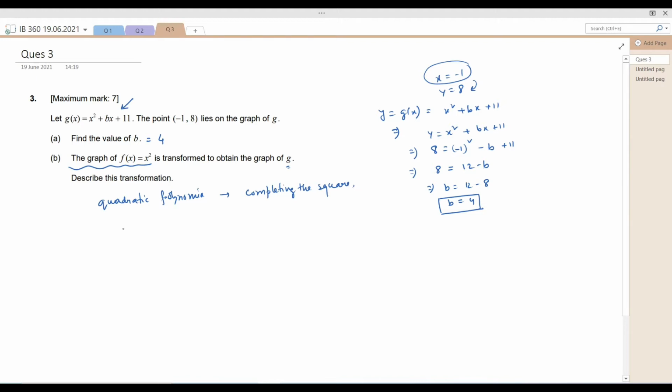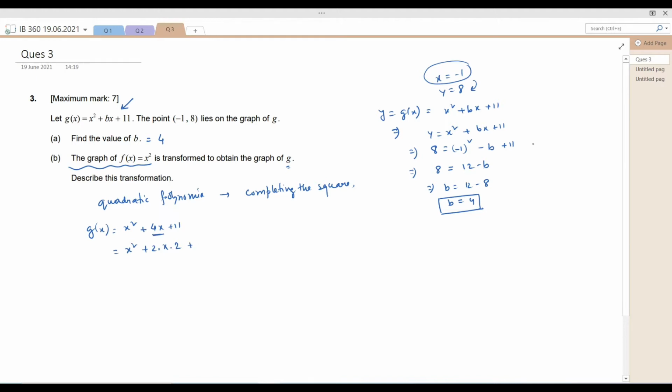So here we will directly put the value of b as 4, so x square plus 4x plus 11, or we can say x square plus 2 into x into 2. Here I am breaking this particular term.